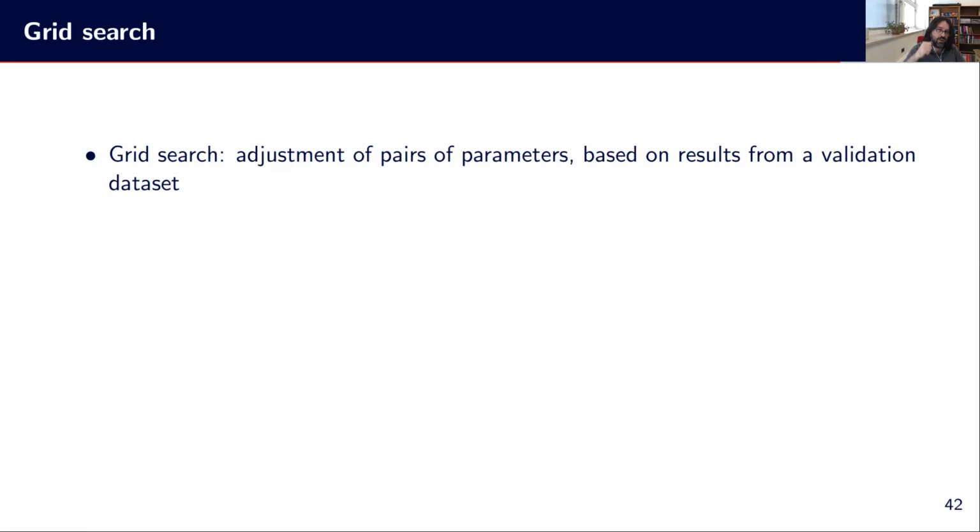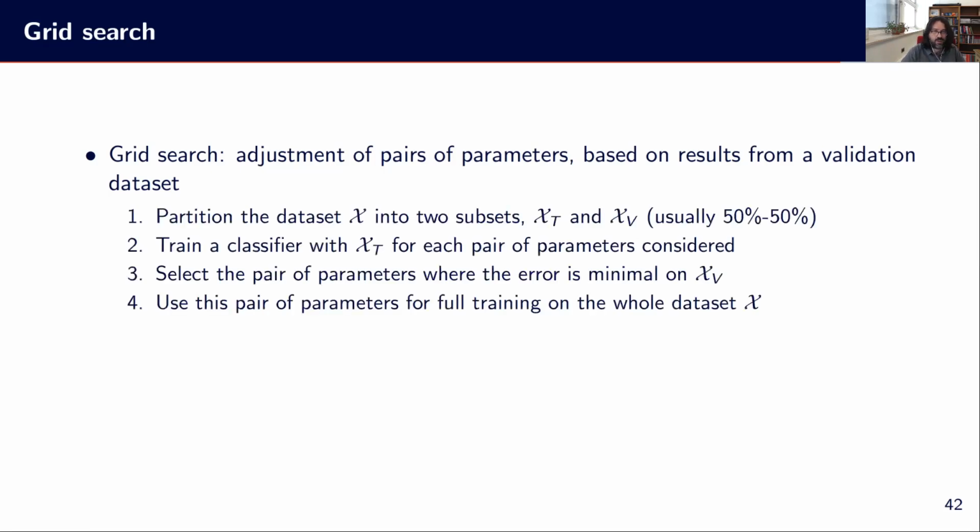And we just train and test a model for each of these pairs. Basically we do this by splitting the data set in two: X training and X validation. Then we train the classifier on the training set with each pair considered.